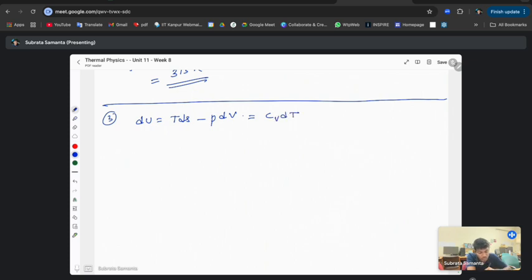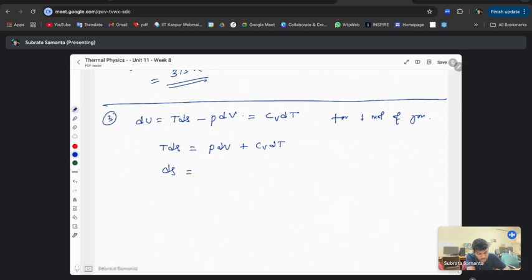Okay, so this is for 1 mole of gas. Now if you write this, TdS is PdV plus Cv dT.